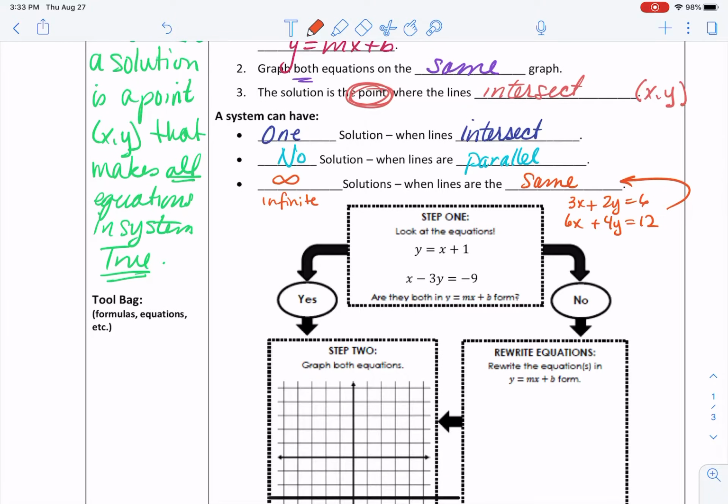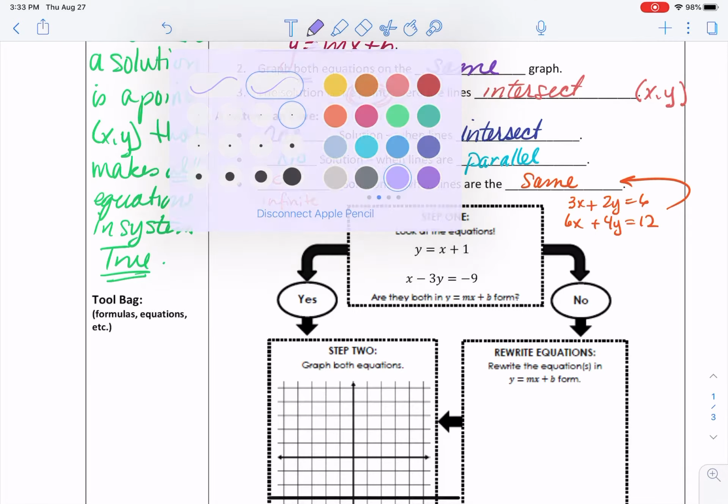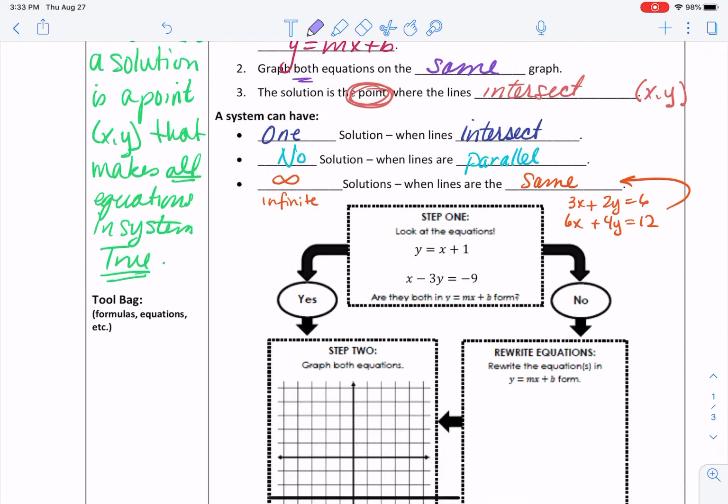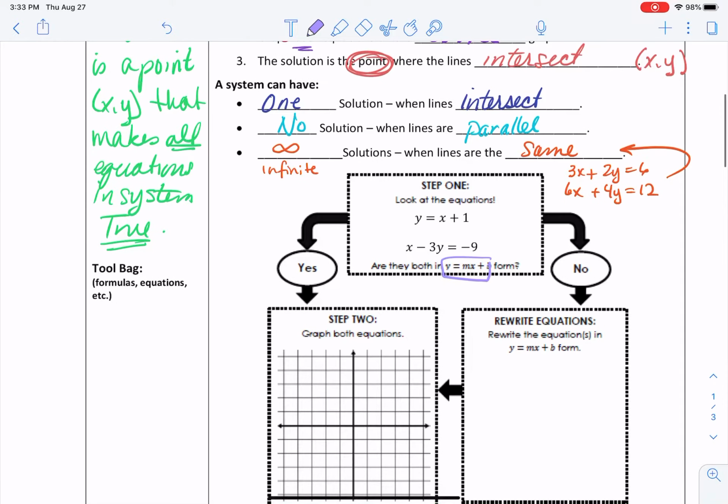So here's an example where we're going to graph these two equations on the same graph. The first step is to look at them. Are they already in mx plus b form? Well, one of them is. So this one I can do. This is the yes. So I can pull out that the slope is 1 over 1, and the intercept is the point (0, 1).